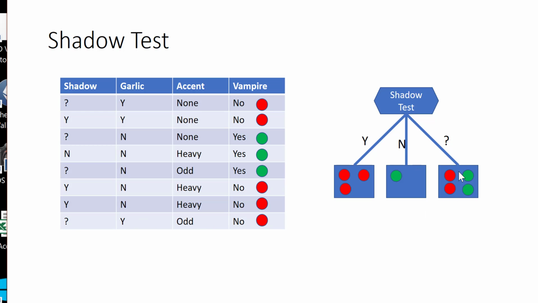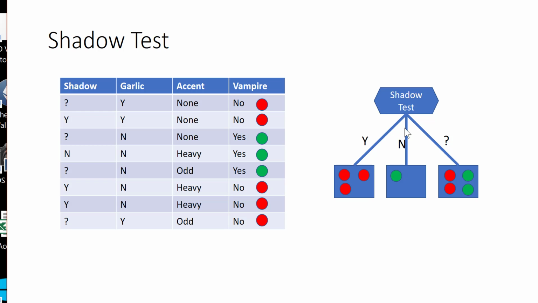So the question marks here give rise to this case, and the no's, if we've got one no here and no shadow, and it gave rise to a vampire. And in the other cases of the yeses, there are shadows, there's no vampire.